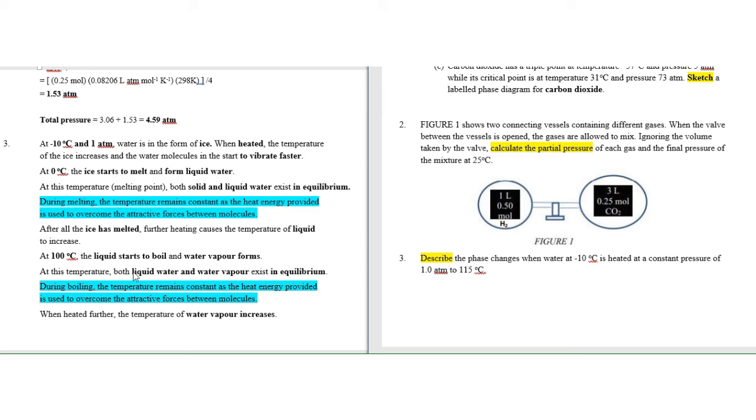Before the liquid changes to vapor, the liquid water and the water vapor exist in equilibrium as well. During the boiling, the temperature remains constant as the heat energy provided is used to overcome the attractive forces between the molecules. Exactly the same. When heated further, the temperature of the water vapor increases. So you have to explain part by part.